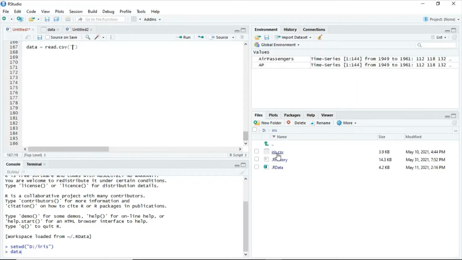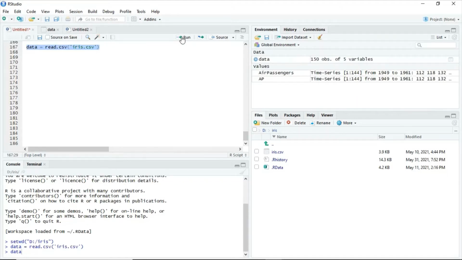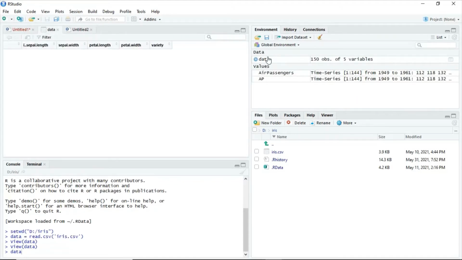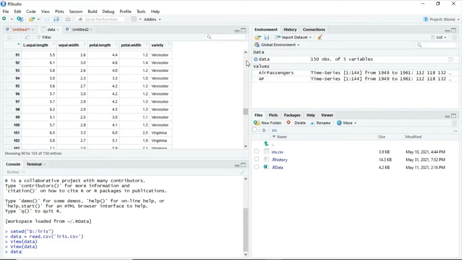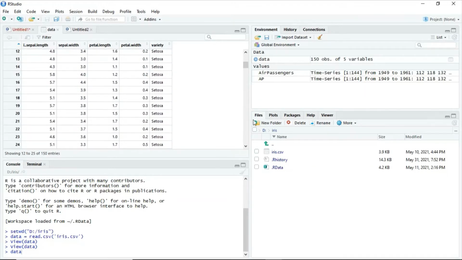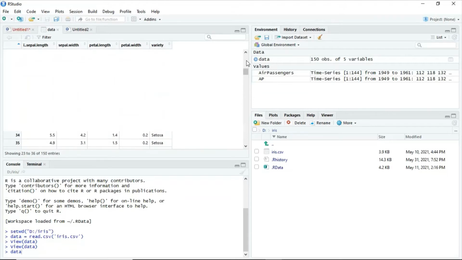Our dataset name is iris.csv. Now when we execute it, the dataset comes over here, and we can find that it has 5 columns: 4 columns of features and 1 column that contains the species. Here our species are Setosa, Versicolor and Virginica. These are the 3 species of the Iris flower.